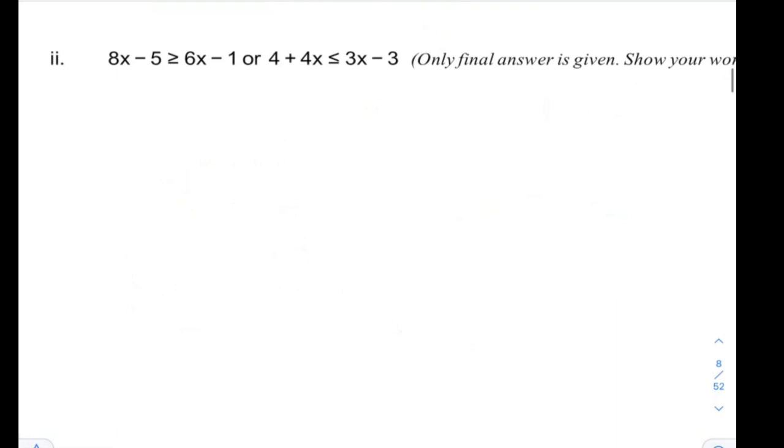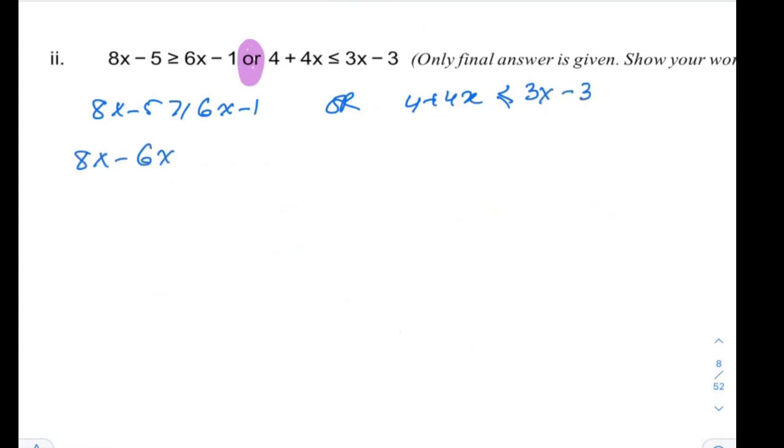Now we are combining the inequalities with OR. In OR, we must solve each one separately. So we will solve the first one and the second one. So this will be combining like terms as the equation exactly.